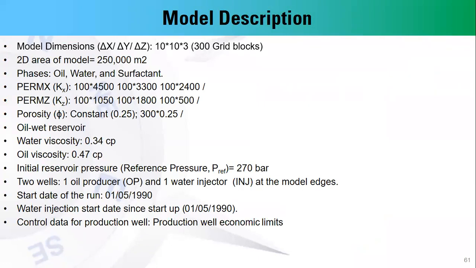In this case study, this is the model description. We have a model of 300 grid blocks, and this is the area, permeability X, permeability Y, and permeability Z. Porosity is 0.25, water viscosity is 0.34 centipoise, oil viscosity is 0.47, and the initial reservoir pressure is 270 bar.